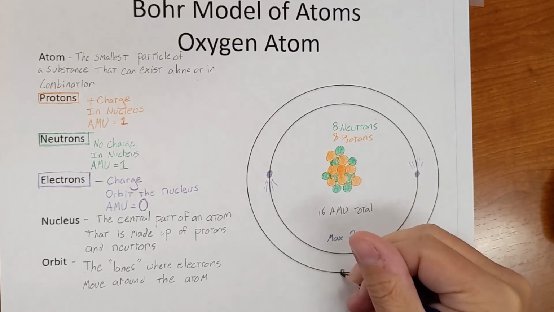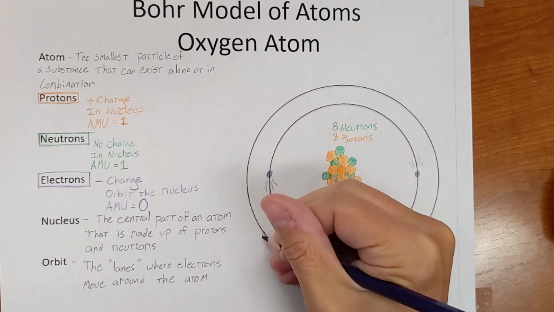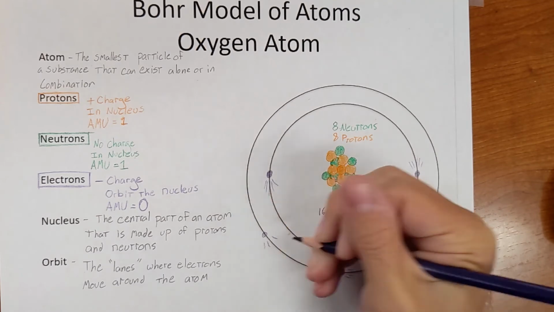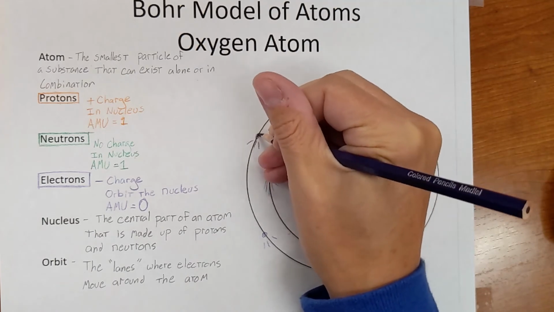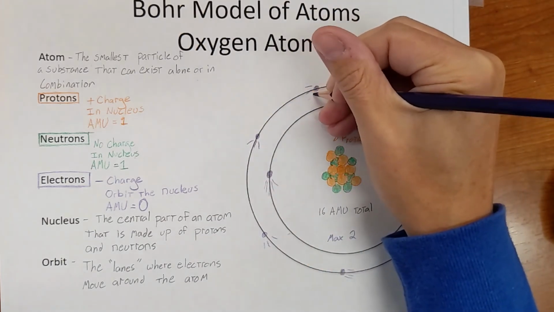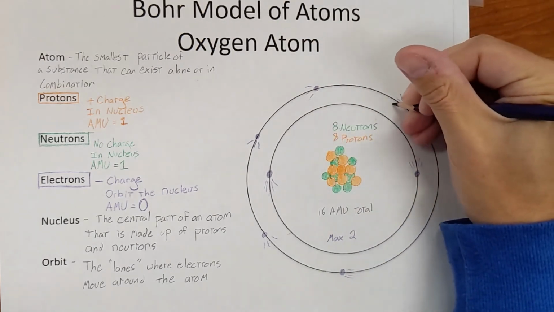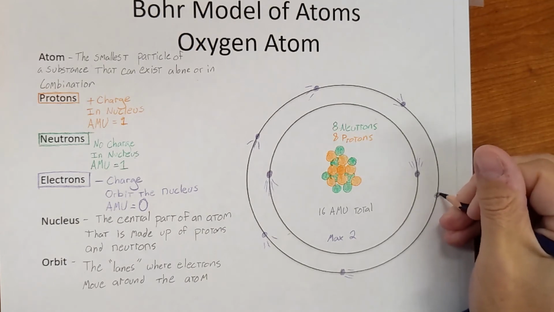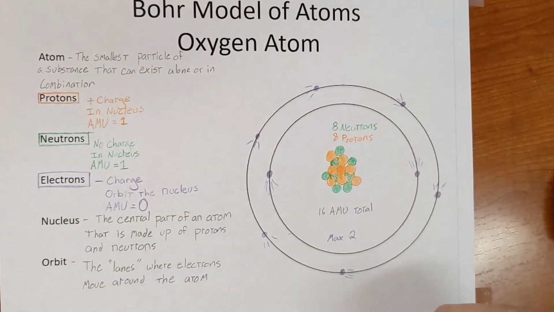So 1, 2, 3, 4, 5, and 6. So there's 6 electrons moving around there.